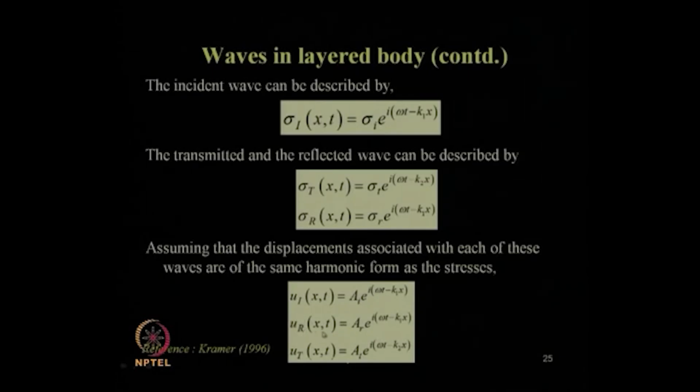Similarly u r of x and t, the reflected wave displacement function, is A r, the amplitude of the reflected wave, with e to the power i omega t minus k 1 x, and for the transmitted wave u t of x and t is A t, the amplitude of the transmitted wave, e to the power i omega t minus k 2 x. This is in material 2, that is why k 2.